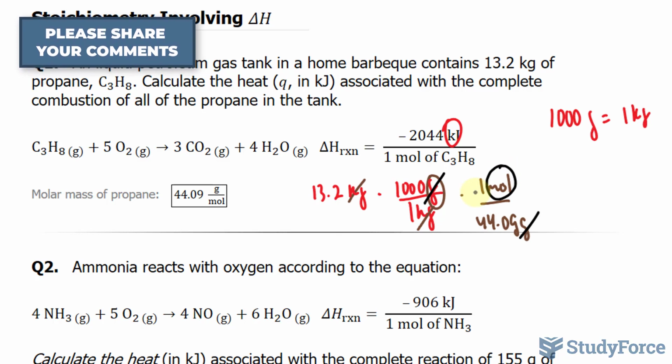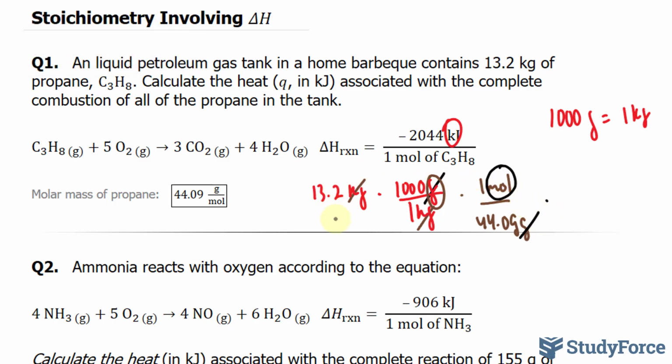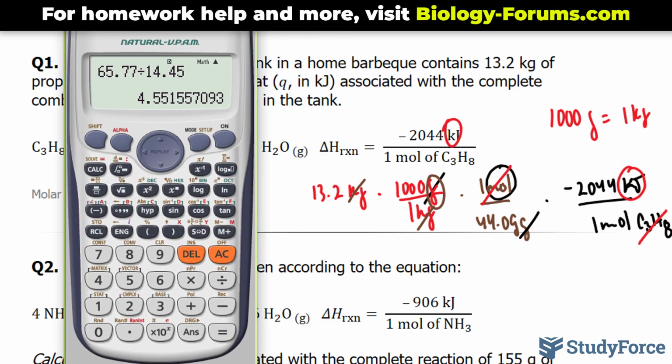Once I have the number of moles, I can then multiply the product of these 3 factors by negative 2044 kJ per 1 mole of C3H8. Now the mole unit cancels out, and we're left with exactly what we're looking for. Let's use our calculator to do this.